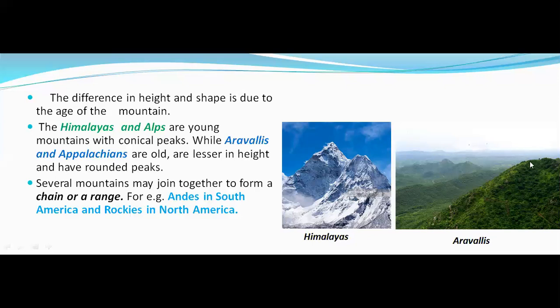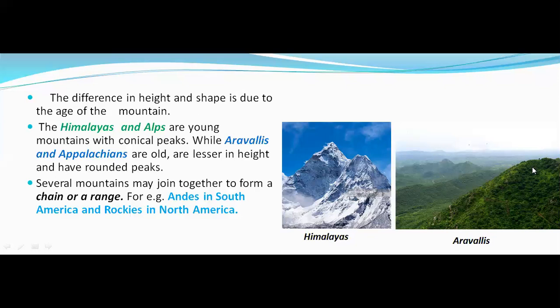What are these? The Aravalli mountains and the Appalachians. Aravallis are an example from our country, India. Children, you can see a noticeable change from the peaks of the Himalayas to the peaks of the Aravallis. Can you see any conical shape here, children? No, they are rounded at their peaks.